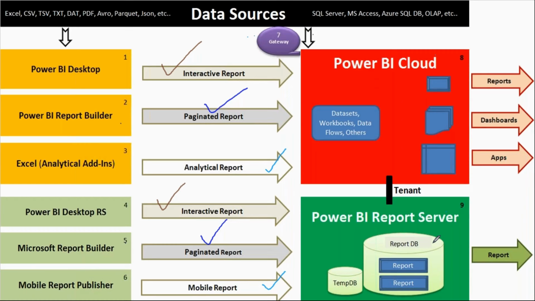Report server is a special type of hosting environment to store your reports securely in your company's data center, like government projects, defense academy, citizenship data, and healthcare data. These are all very sensitive information.